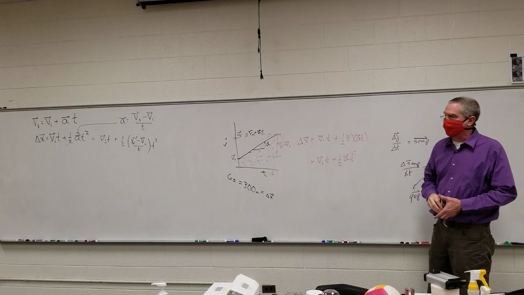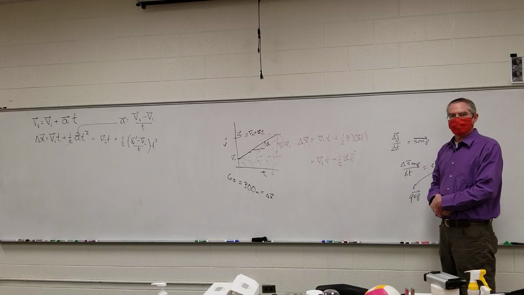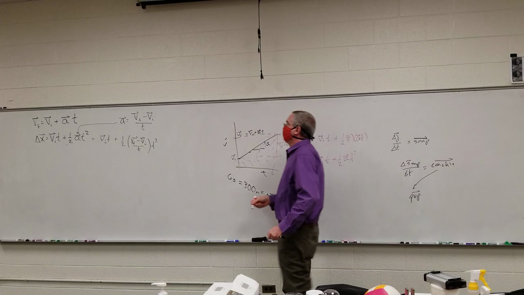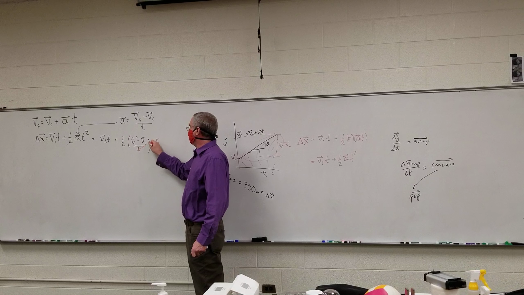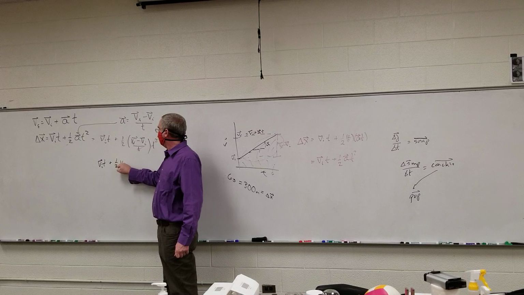Dramatic pause for people to catch up in writing and to ask questions about what I just did. That time cancels out with one of those times. And so I'm left with VIT plus 1/2 VF T minus 1/2 VI T, distributing the 1/2 and the time.